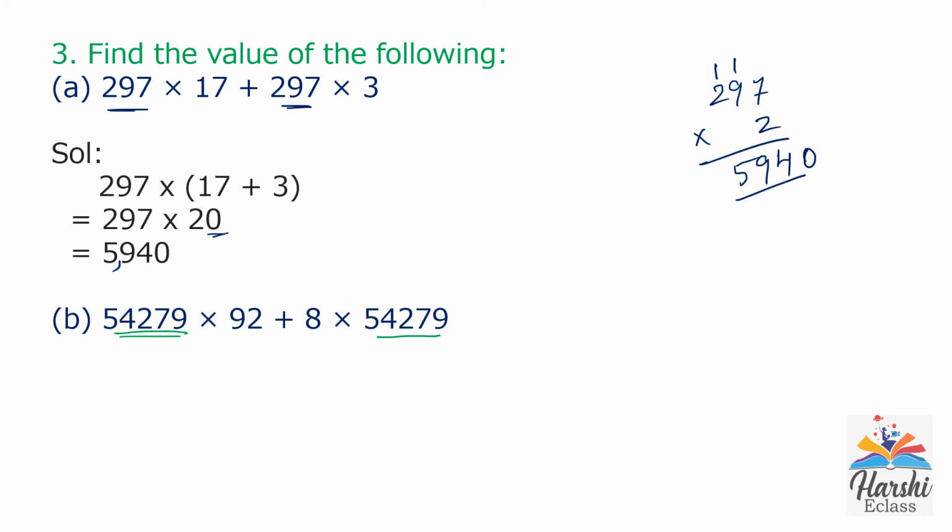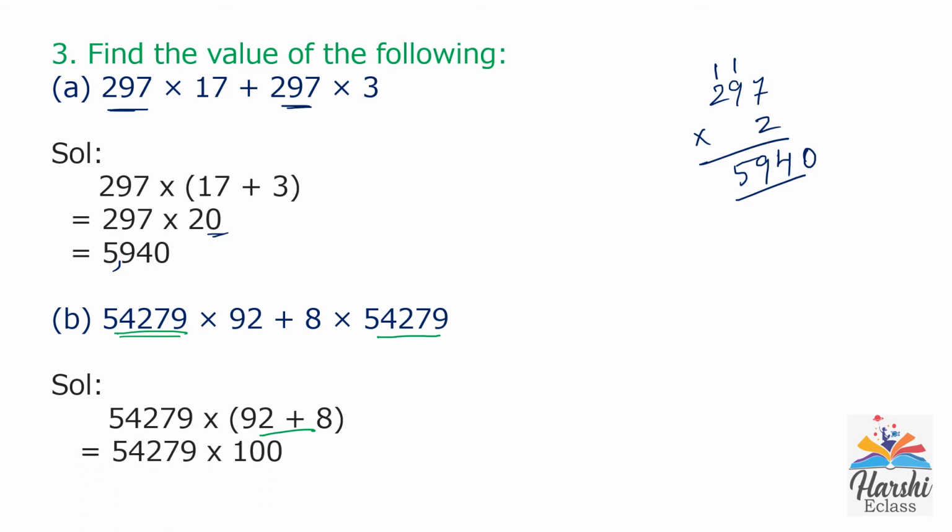So write the remaining numbers, that is 92 and 8 in brackets. Add those numbers. 92 plus 8 is equals to 100. Multiplying with 100 is very easy. Write the given number as it is and then write 2 zeros at the end of the number. That is 54,27,900.